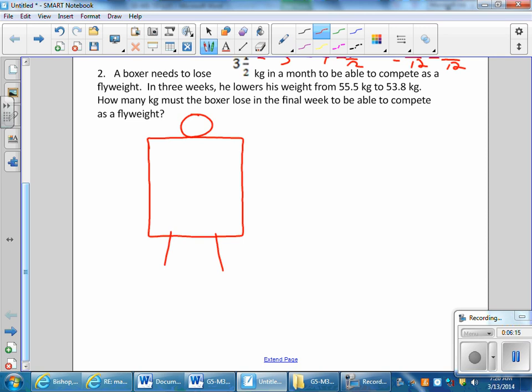Yes. But I'm going to just make it look more realistic. Yes? I know you love my drawings. At the beginning, the boxer's weight was 55.5 kilograms. But in the first 3 weeks, he lost some weight. This is going to represent his lost weight. He now, up to the lost point, weighs 53.8 kilograms.